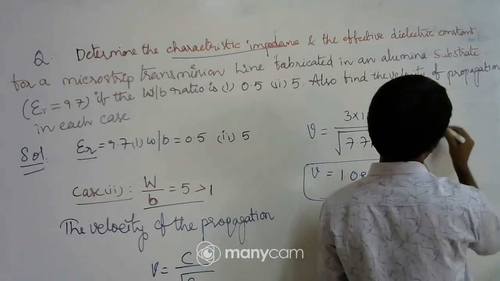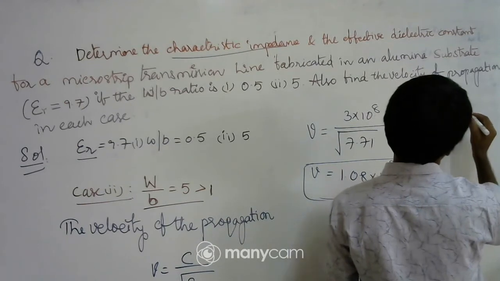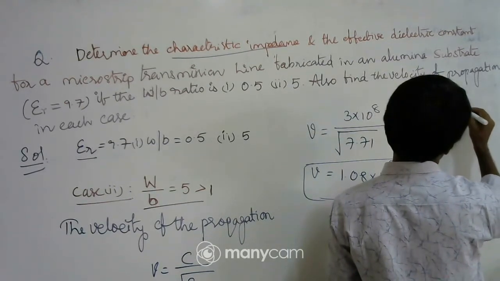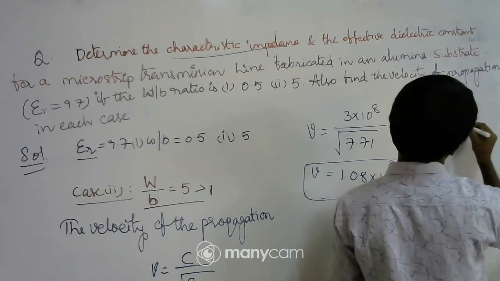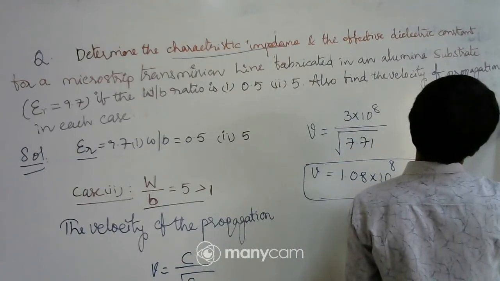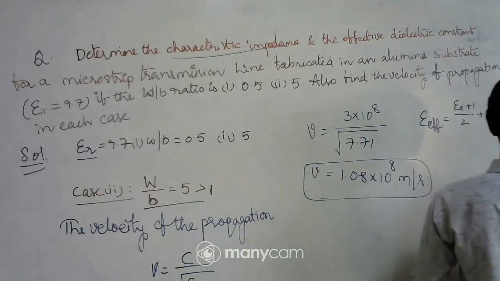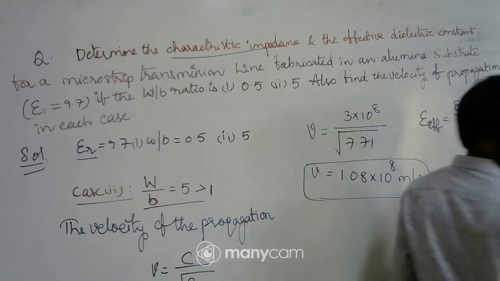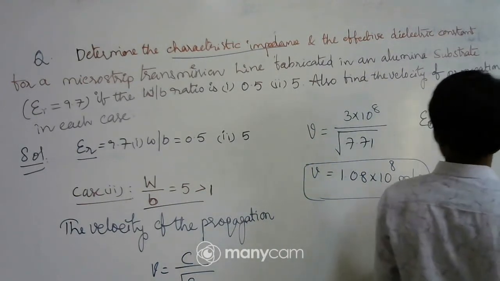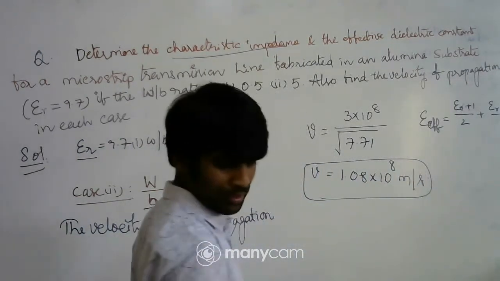Epsilon effective is equals to epsilon r plus 1 divided by 2, epsilon r minus 1 by 2 square root, into of, alright, can I write this side?